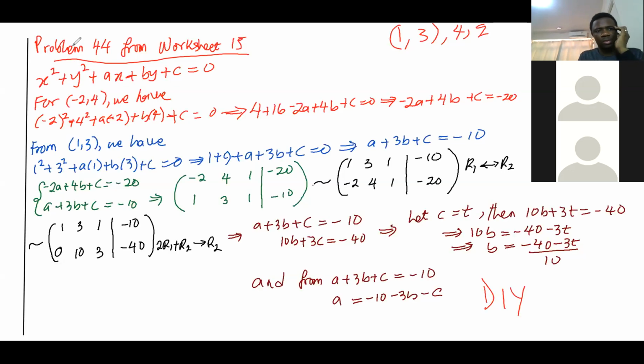(4, q) happens to be on the same circle. The circle again is x squared plus y squared plus ax plus by plus c equals 0.